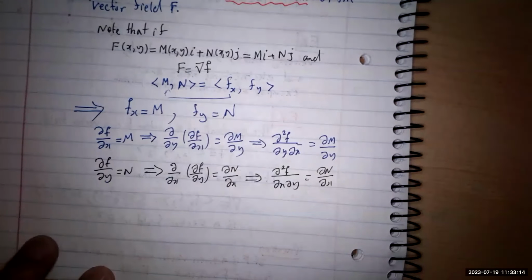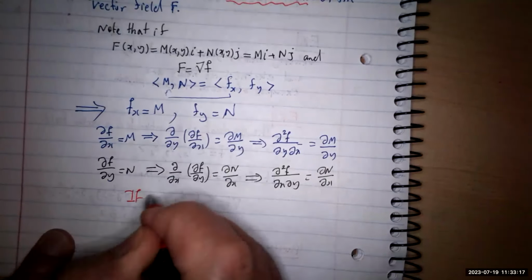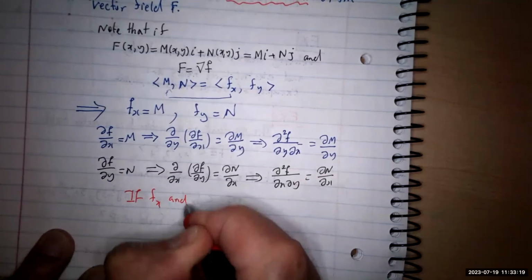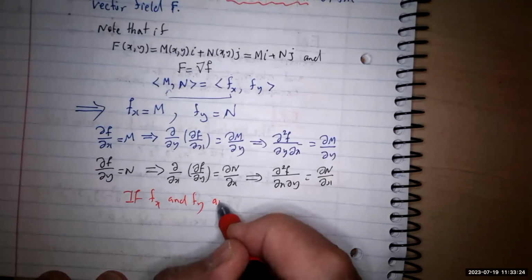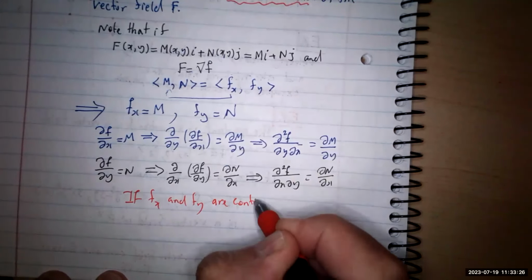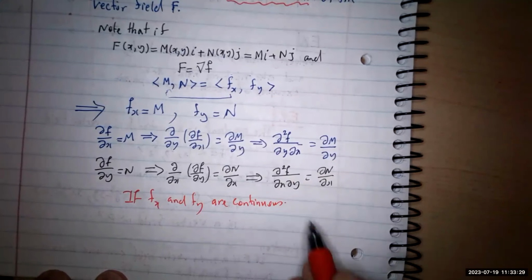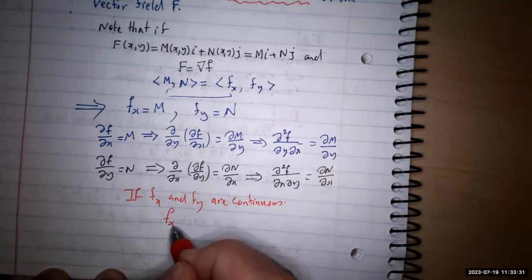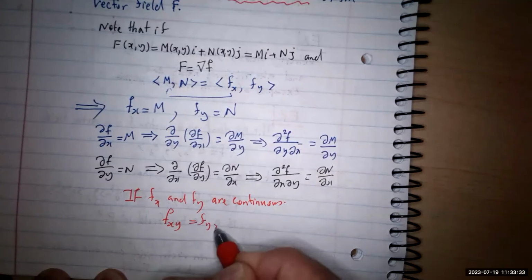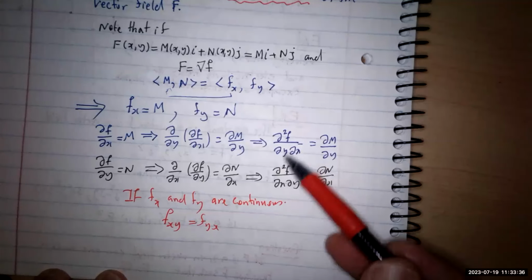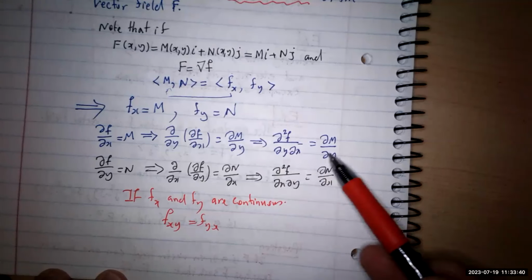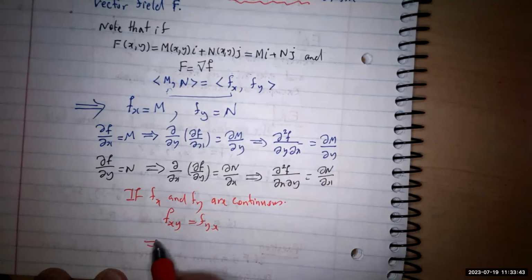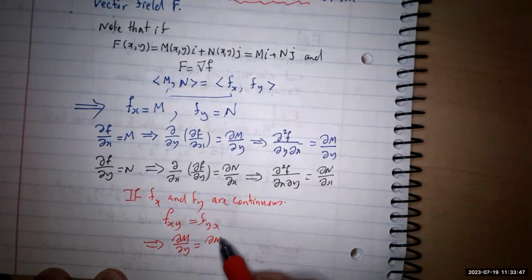We assume the partial derivatives are continuous functions, that was the condition of the theorem, then f_xy is equal to f_yx. And that's exactly what you got over here. So if these two are equal to each other, the other parts must be equal, so that gives ∂m/∂y equal to ∂n/∂x.